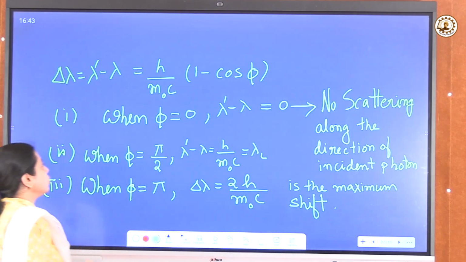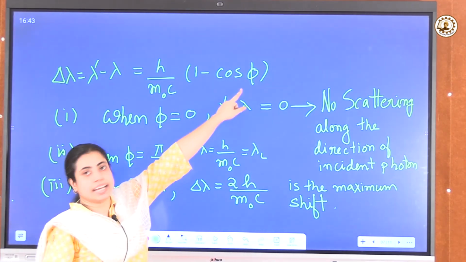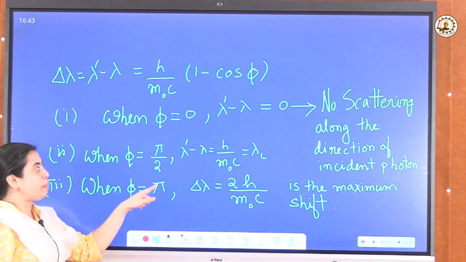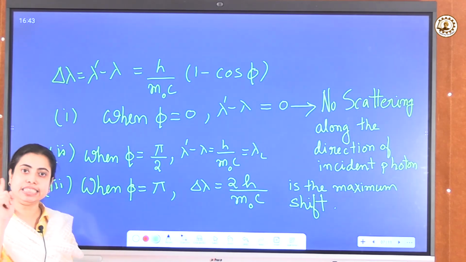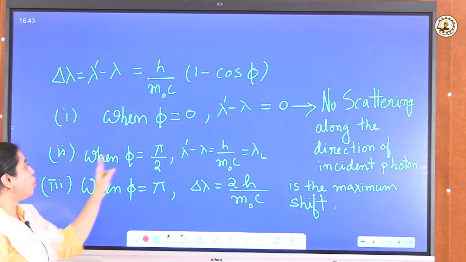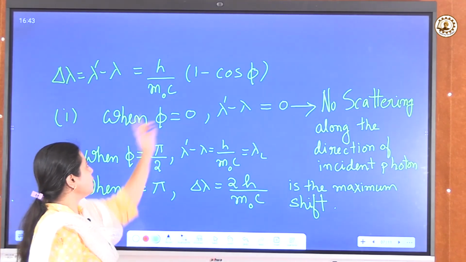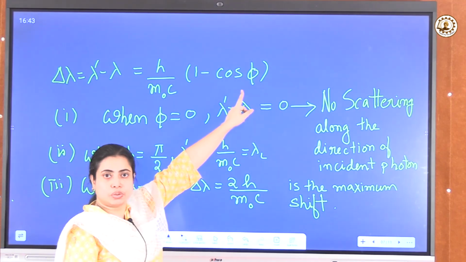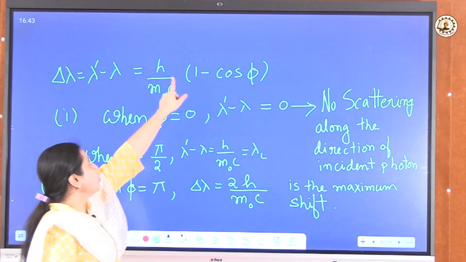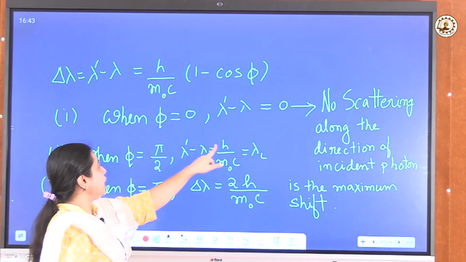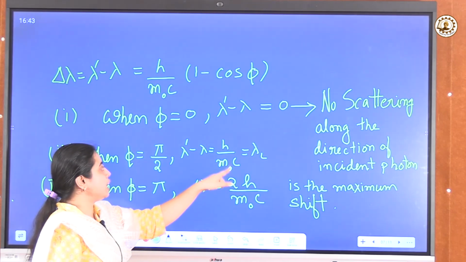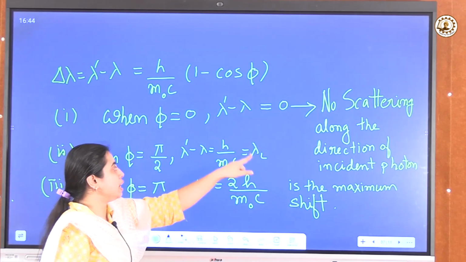Now, if this angle is pi by 2, meaning 90 degrees, cos 90 equals 0, so the Compton shift will be h by m0c, which is equal to lambda c.